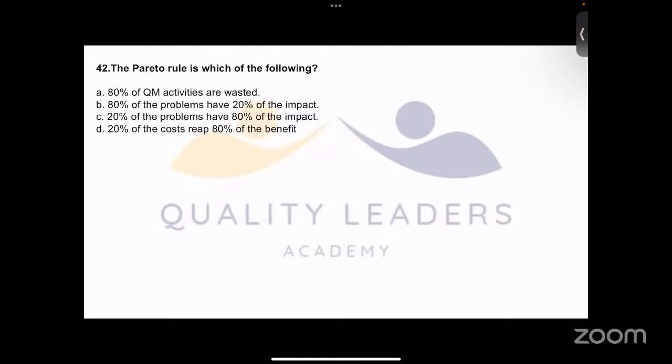Because when we say Pareto rule, it means 20% of causes contribute to 80% of the effects. So the answer is letter C. 20% of the problems have 80% of the impact, which means 20% of causes contribute to 80% of effects.